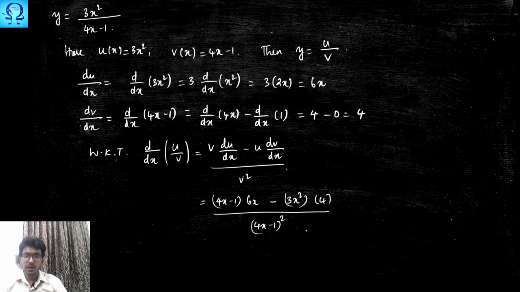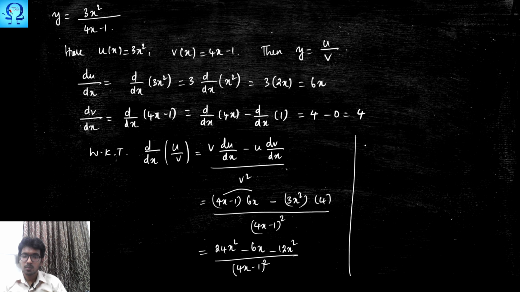Now we'll have to simplify the numerator. So 4x with 6x is going to be 24x squared, and 1 with 6x is 6x, so minus 6x, and 3x square with 4 is going to be minus 12x squared, upon 4x minus 1 whole square.